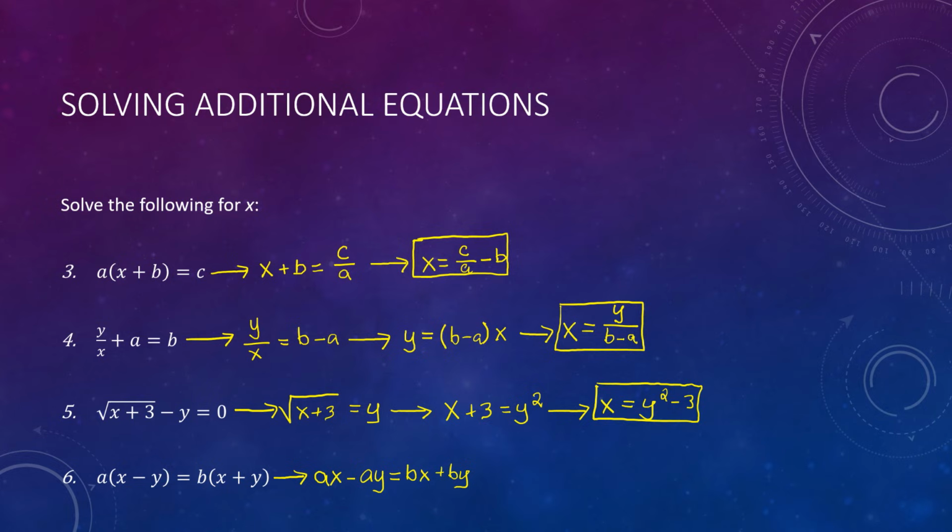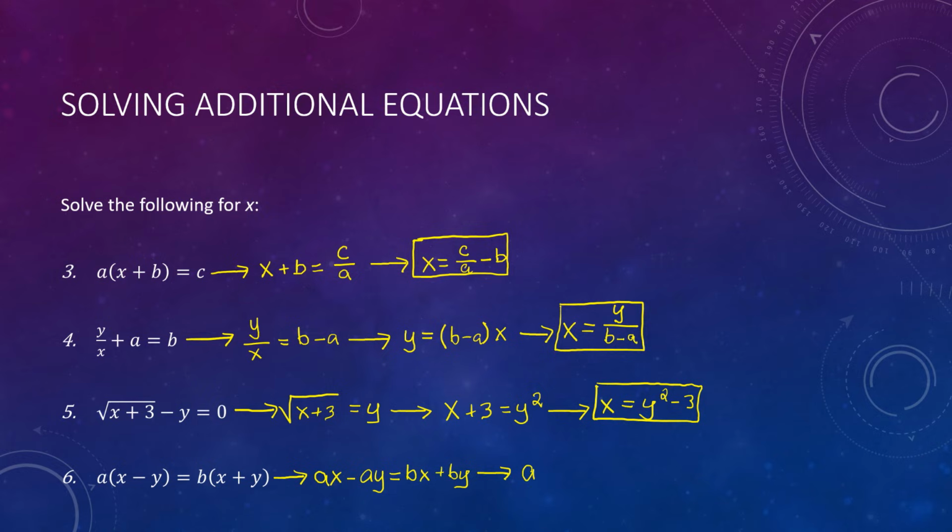Now notice, we have 2 terms containing x and 2 containing y. Our goal here is to get the x terms on one side of the equation and our y terms on the other. So in this step, all we're going to do is some rearranging. I'm going to take my bx and subtract it to the left-hand side, and take my ay and add it to the right-hand side.